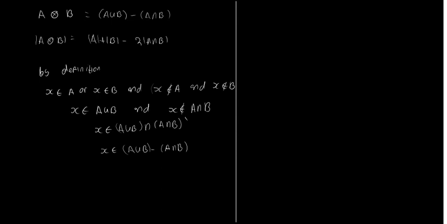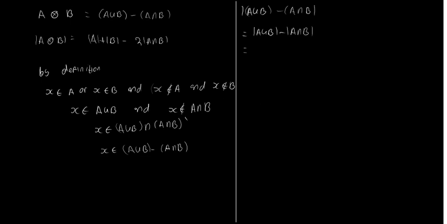We know this is the same as this, so we're basically finding the cardinality of A union B minus A intersection B. We can split that, since there's a simple rule for it, because this is a subset of this, so we can just split it like that.